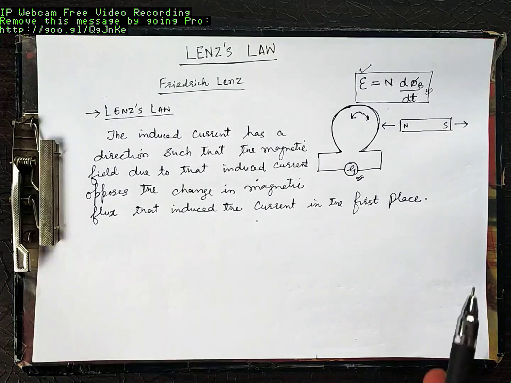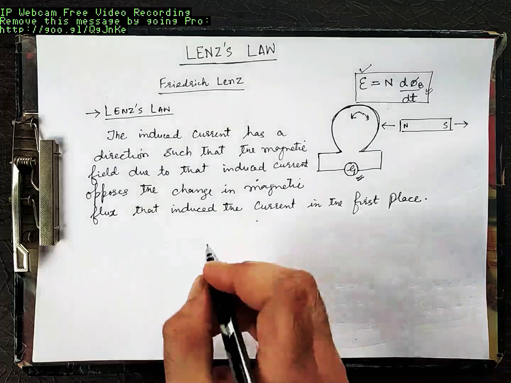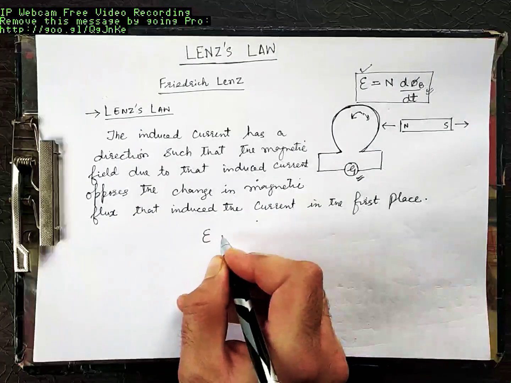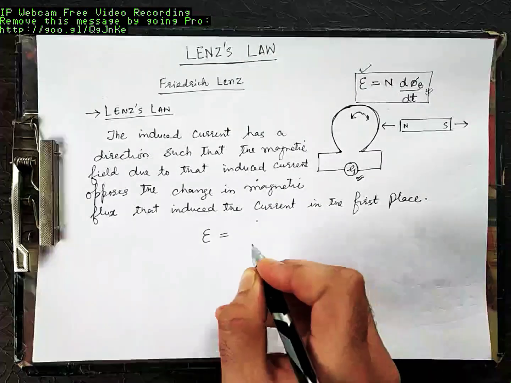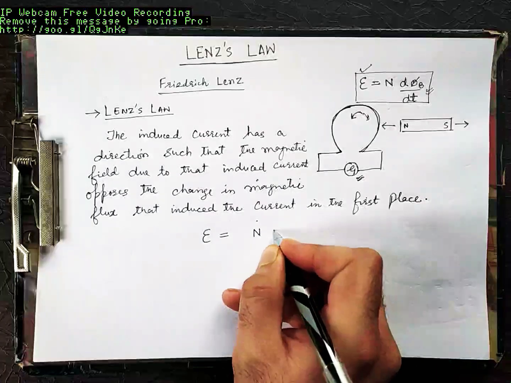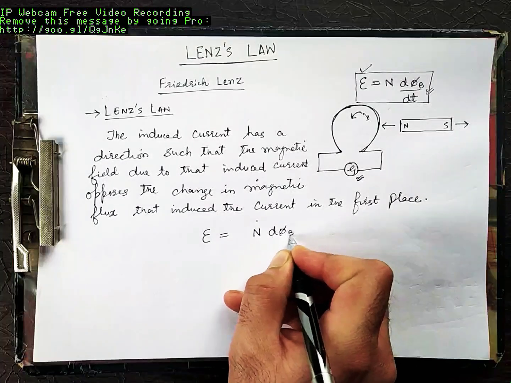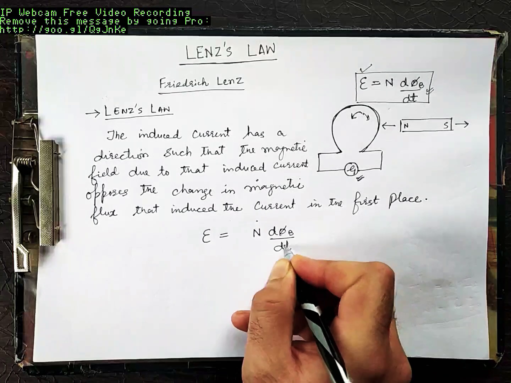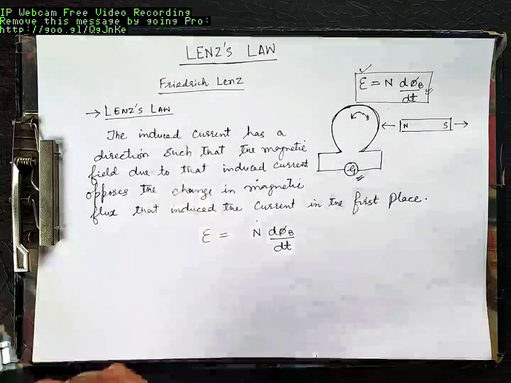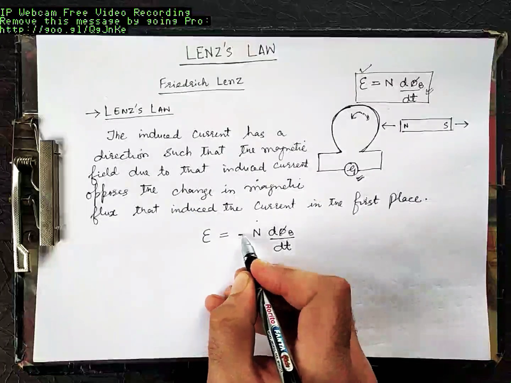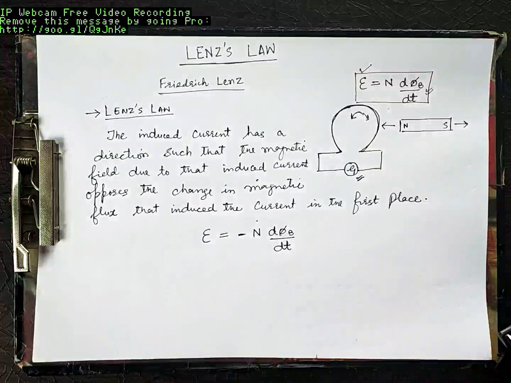So as per Lenz's law, the induced EMF E, we know from Faraday's law, is N d phi B by dt. According to Lenz, the direction of E is given by a minus sign. What does this mean?